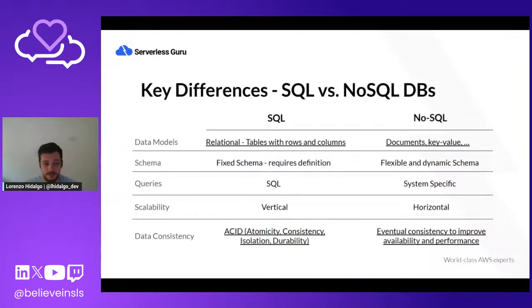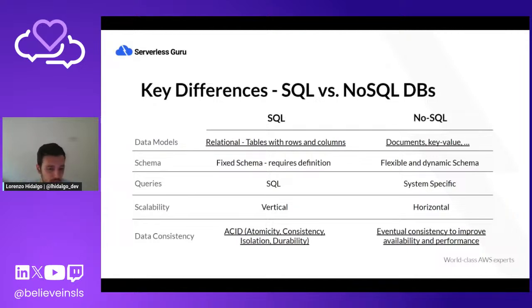And SQL, don't hate on me, we're speaking about databases, so I like to compare SQL to an Excel file where you have the table with all rows and columns. I know Excel is not a database, and I don't recommend it to be used as one, but it's a really good comparison for people to understand the difference between SQL, like Excel, and NoSQL, which would be a folder with a lot of documents inside.